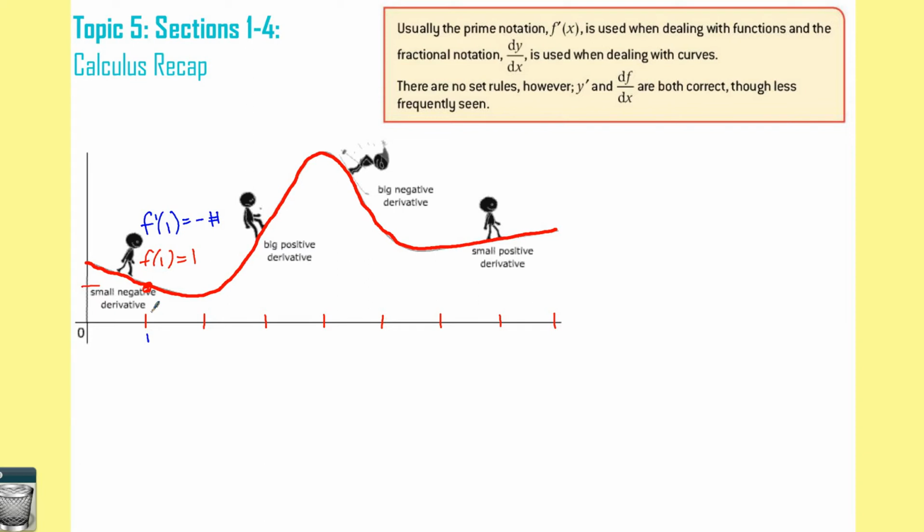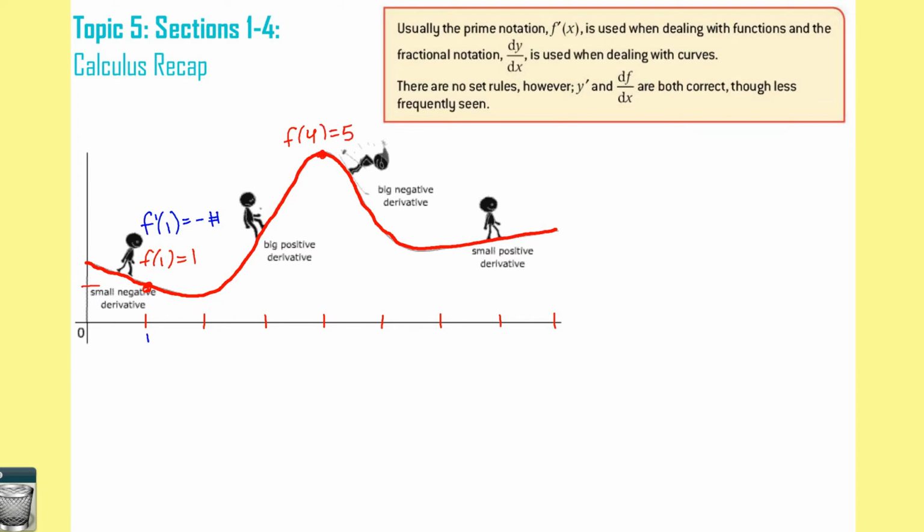All right, let's look at some other points on it. What about this point right here? That point is 4 comma, let's just say it's 4 comma 5. So at the point when x is 4, y is 5.